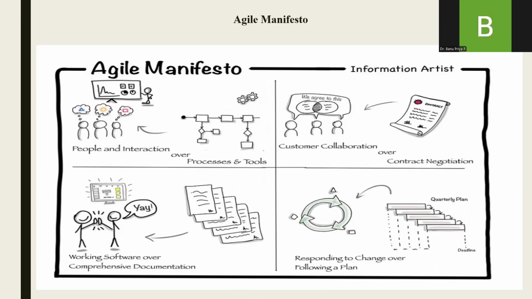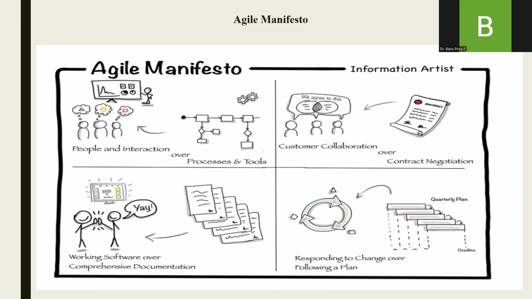That is, the contract and negotiation are less important than the customer collaboration that is going to be happening. The next one is that Agile will not support very huge documentation. It is flexible. So Agile supports working software and not much the comprehensive documentation.